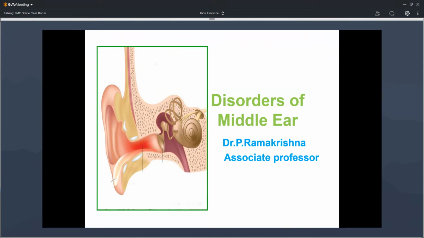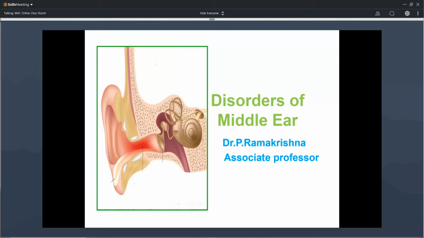Eustachian tube, middle ear cavity. Next, malleus, incus. No, the malleus and incus come within the middle ear cavity.